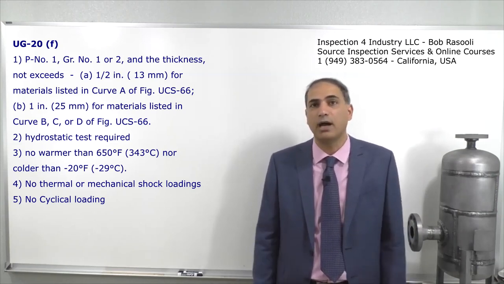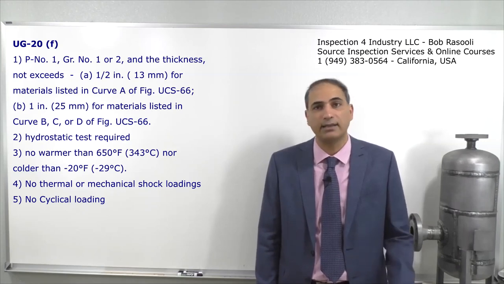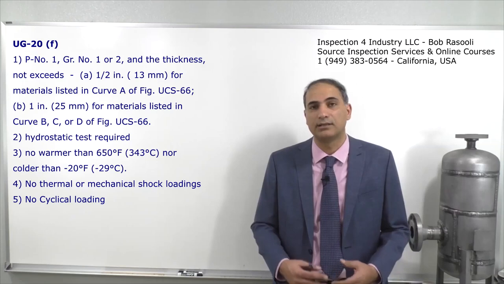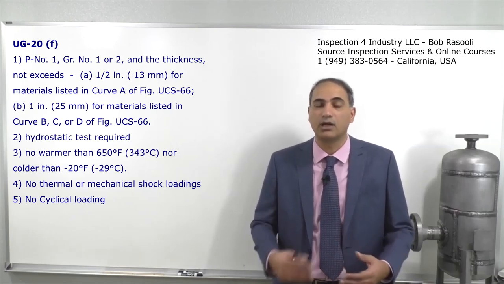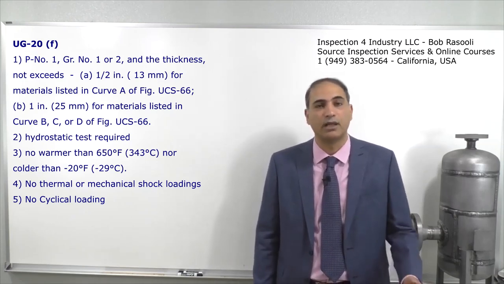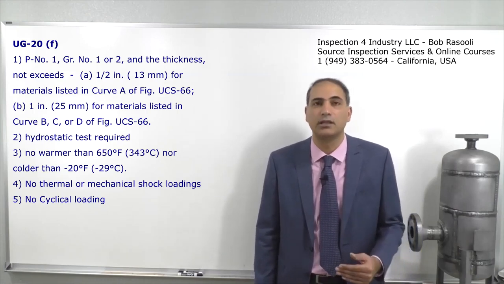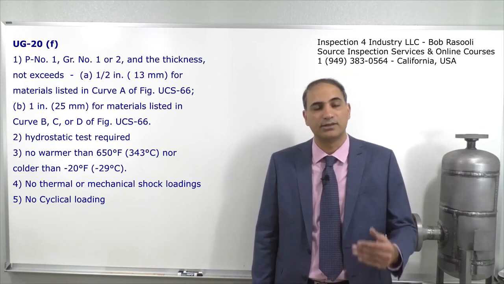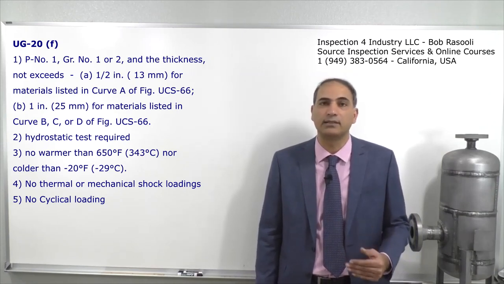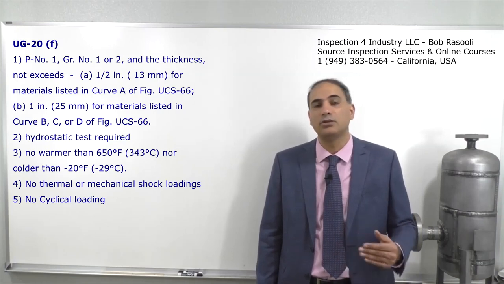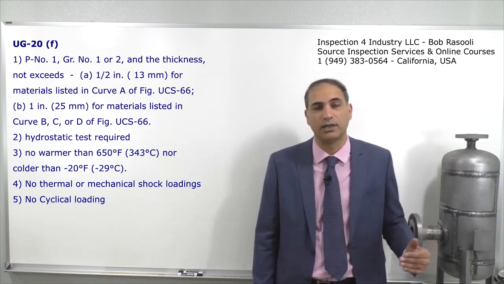Sometimes you might perform pneumatic testing in a certain condition. We're going to review this later when we talk about pressure testing. You have hydrostatic testing and pneumatic testing, and it's not optional to use pneumatic testing, but in a certain condition you can use pneumatic testing instead of hydrostatic testing.